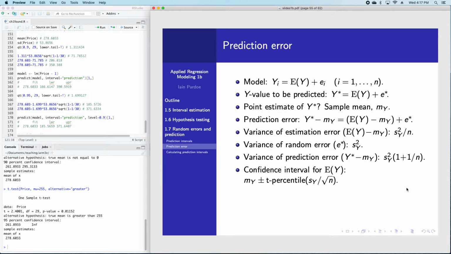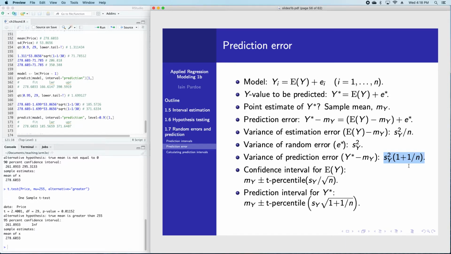Let's go back to our confidence interval formula. From a previous video we saw that that was equal to the sample mean plus or minus a t percentile times s_y divided by square root of n. The prediction interval for y star is similar, the mean of y plus or minus a t percentile, but then this last piece, the standard error piece, comes from this variance of the prediction error here.